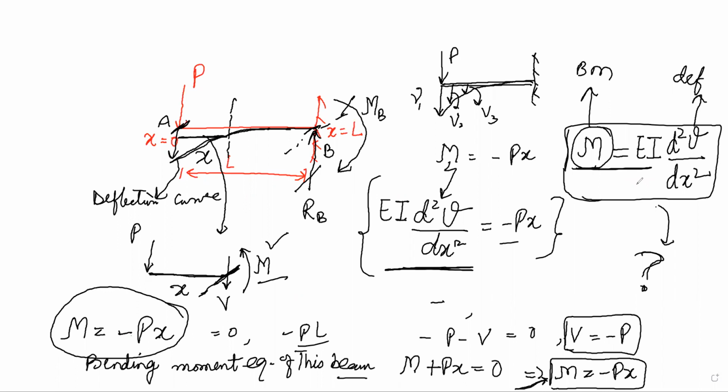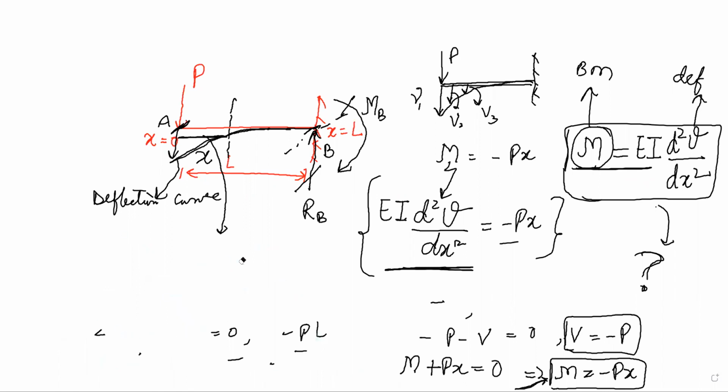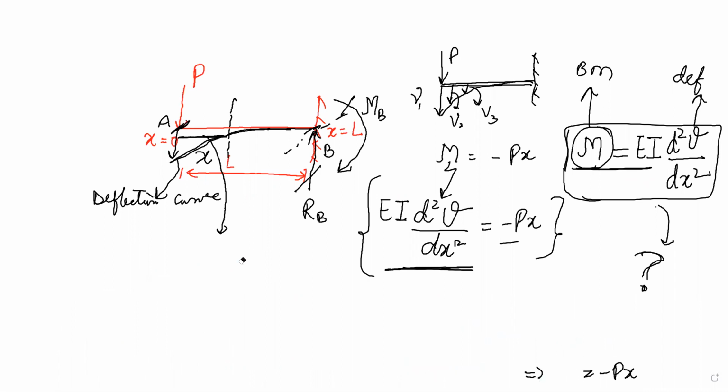Now, as we move forward, EI d2 nu by dx2 is equal to minus Px. What we will do is perform integration.